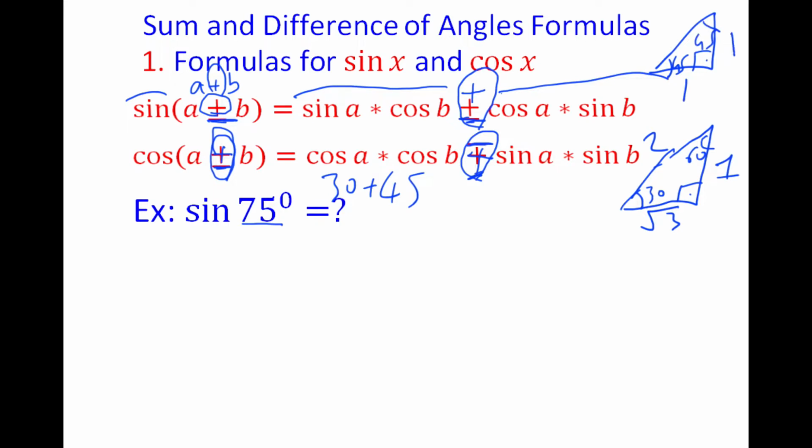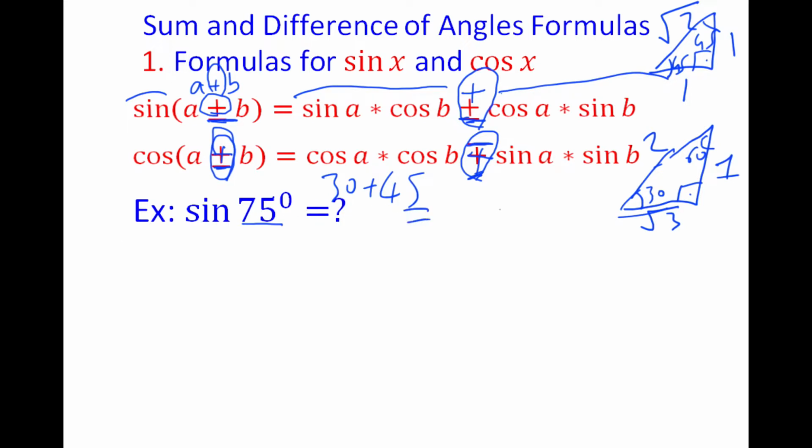This is 1, this is 1, this part is square root of 2. So by using those two special right triangles, you can find out trigonometric values, guys. For example, we can find out what is sine 30 or what is sine 45 by using those two special right triangles.